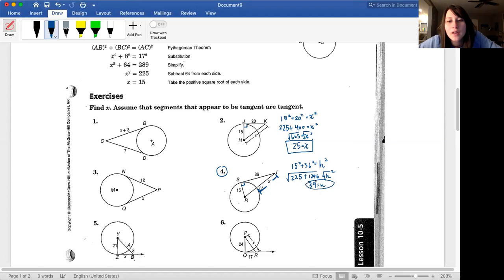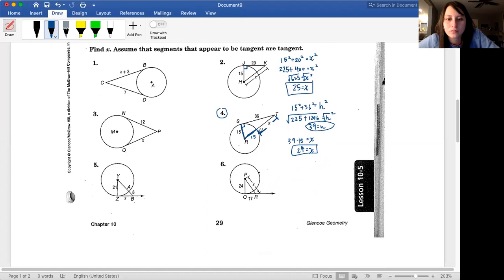So hypotenuse is 39. So transfer some information here. If the radius is this length here, well, isn't the radius going to be the same here? So that's 15. So to find x, we could just do 39 minus 15 equals x, and that would be 24. 24, and that's the answer.